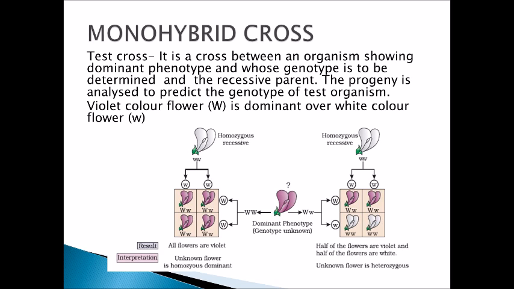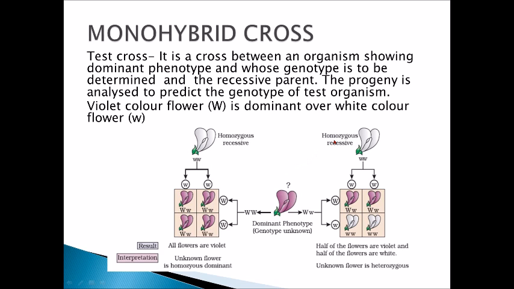For example, violet color flower, capital W, is dominant over white color flower, small w. In this case, you can see that this is a homozygous recessive white colored flower. Its genotype is both small w.